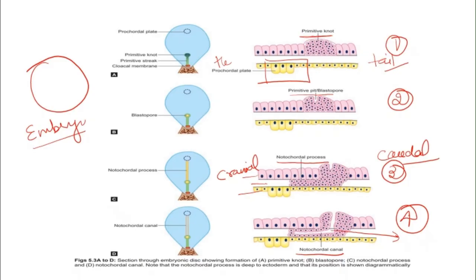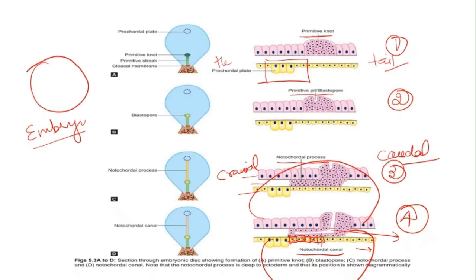In the next step, the cells of this notochordal canal intercalate with the endodermal cells. There is a mixing of endodermal cells and the cells of the notochordal process. And finally, in the next step, it replaces these cells. As we all know, above this is the amniotic cavity and below this is the yolk sac.